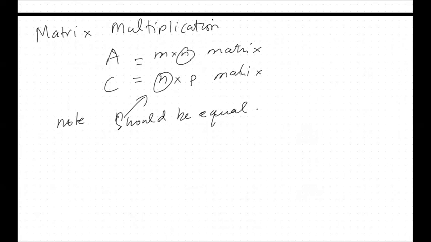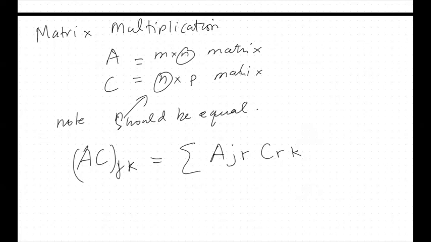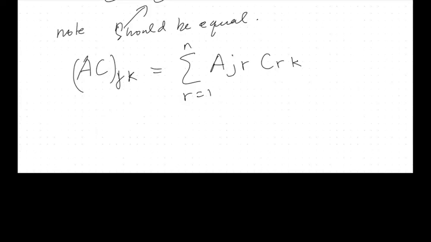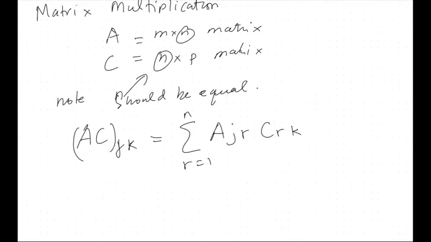Then the matrix AC at position j,k is the sum of Ajr and Crk, with r from 1 to n. This is complicated to write, but easy to recall by doing an example.